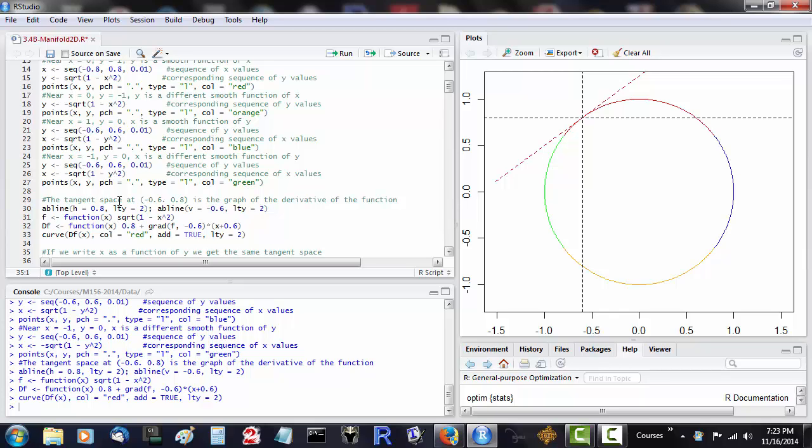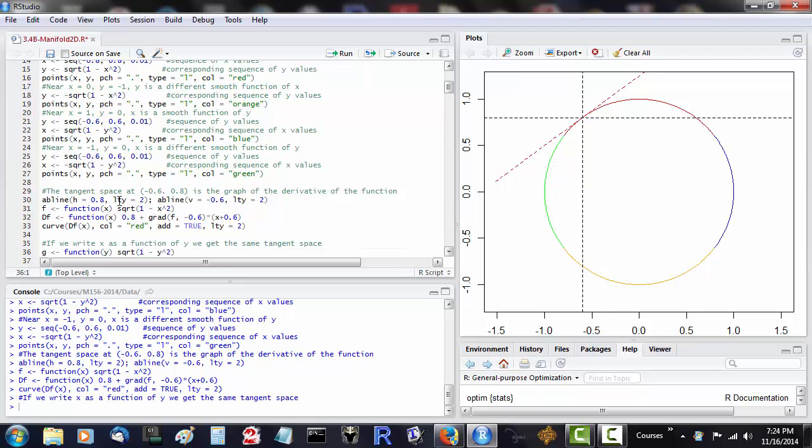When I talk about the tangent space, I think of the origin as fixed at the point where those dashed black lines cross, and therefore this is just the set of multiples of a certain direction vector heading away from the origin. Now there, we wrote y as a function of x.